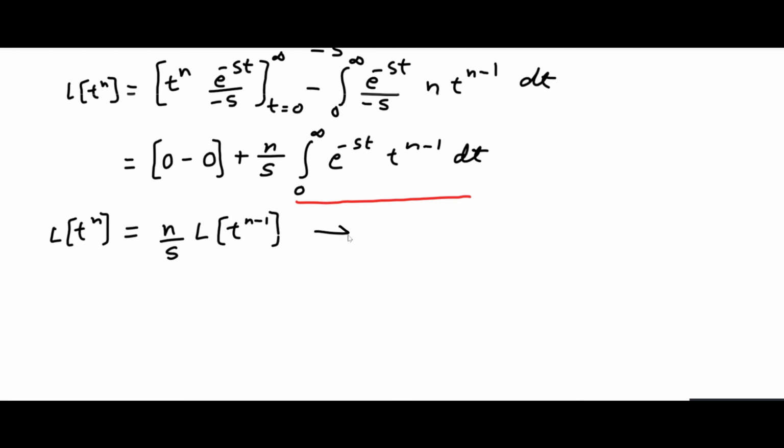Similarly, if I want to find this expression, let me take this as equation number 1. Now if I want to find the Laplace transform of t power of n minus 1, once again, if n is there you write n, so here if n minus 1 is there, you write n minus 1 divided by s, into the Laplace transform of, where the power is reduced by 1.